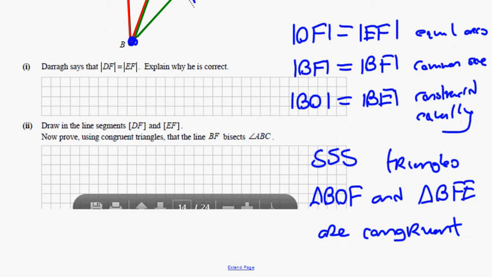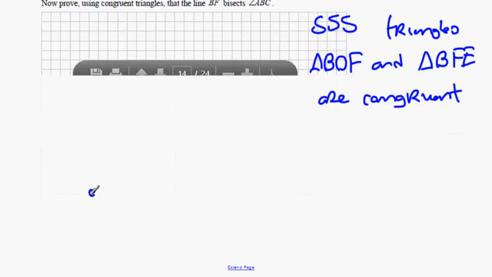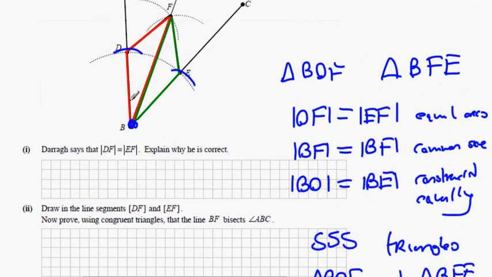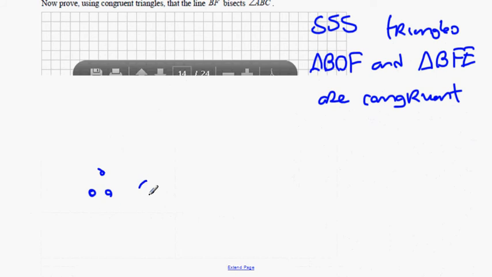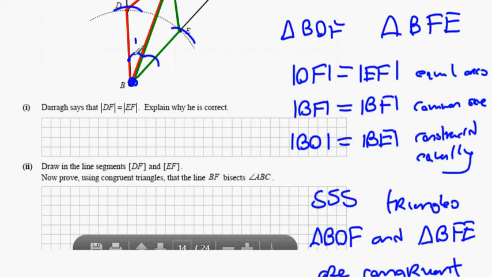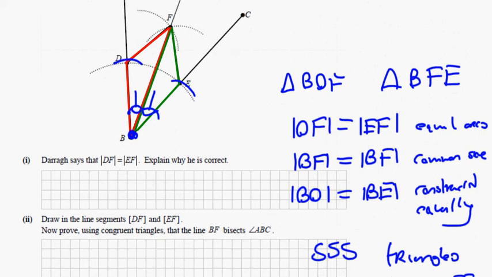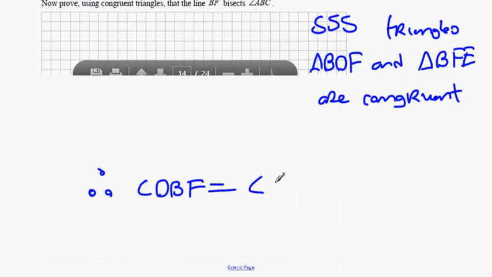So this means, because the triangles are congruent, that this angle here must equal this angle here. So angle DBF must equal angle EBF, DBF being this angle here, guys, and the other angle being EBF.